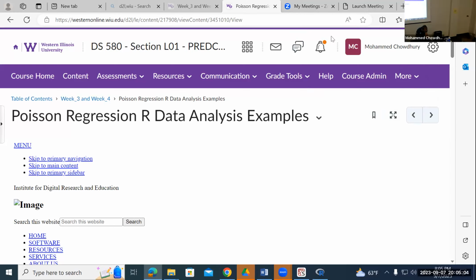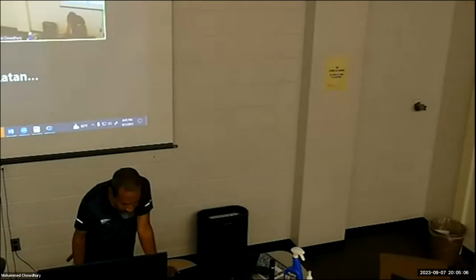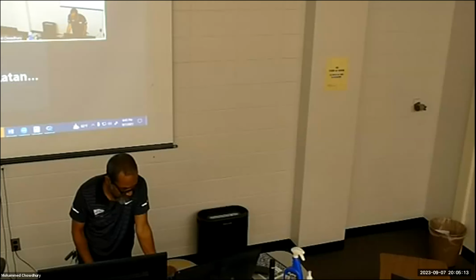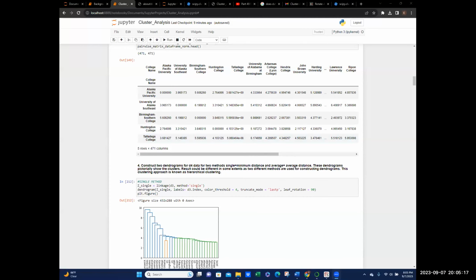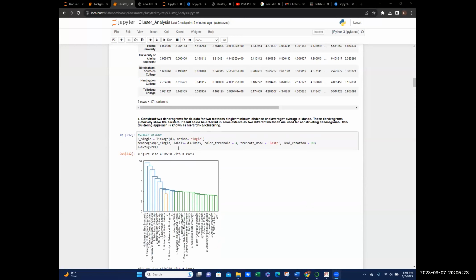Yeah, you can share. I stopped sharing. Okay. Are you able to see the screen? Yeah. So, if I run the dendrogram without truncation, it's just a big mess.